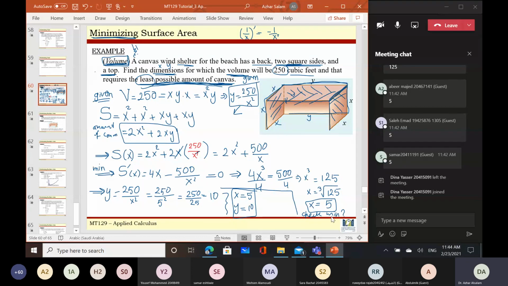To check that it is a minimum, using of course the second derivative test, I find s double dash and substitute with 5. It will be 4 plus 500 over x to the power 3. It will be positive, so it will be a minimum.